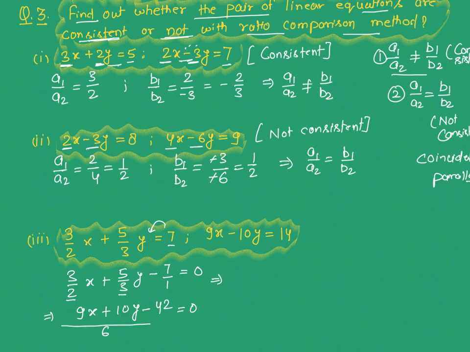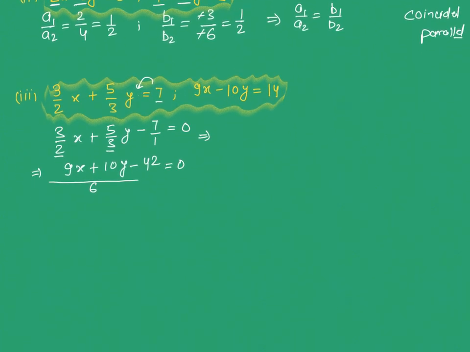So this equation can be written as, let me just put it down here. This equation can be further written as 9x plus 10y minus 42. And you know, cross multiplication method, 6 multiply 0 and 1 multiply, this whole equation would still be the same equation, and this will be 0, right? And we know our second equation is 9x minus 10y.